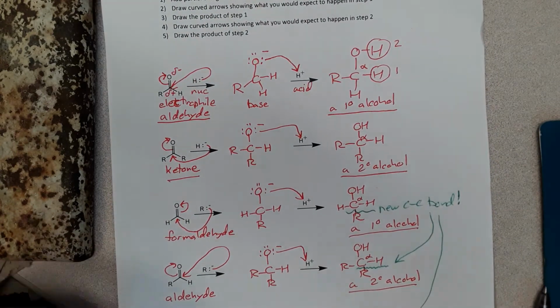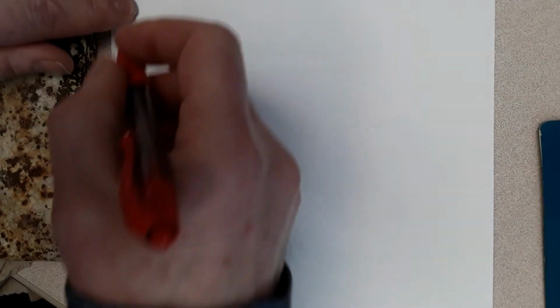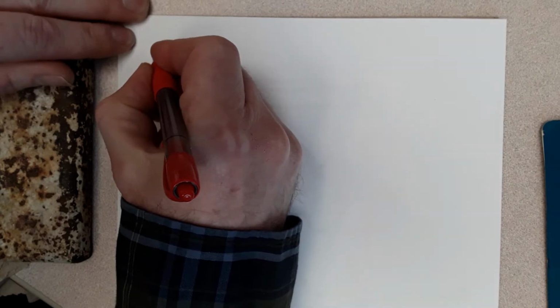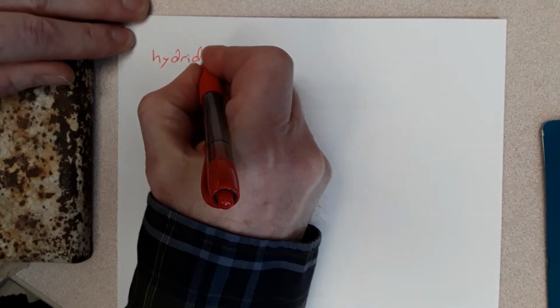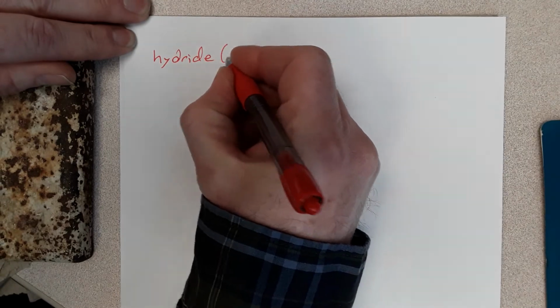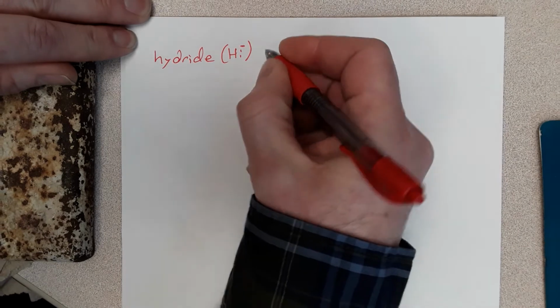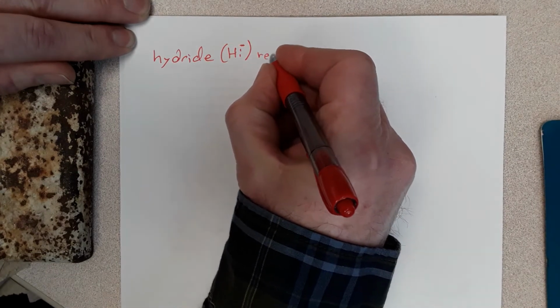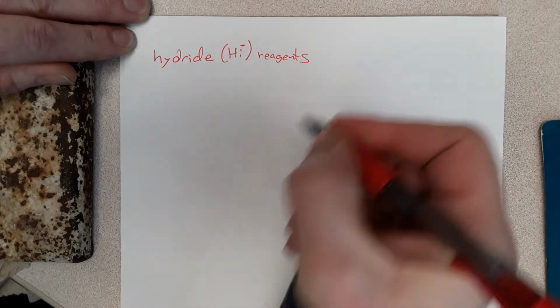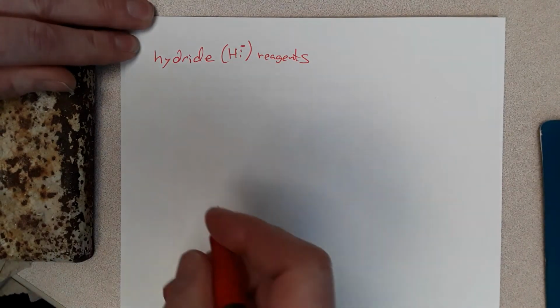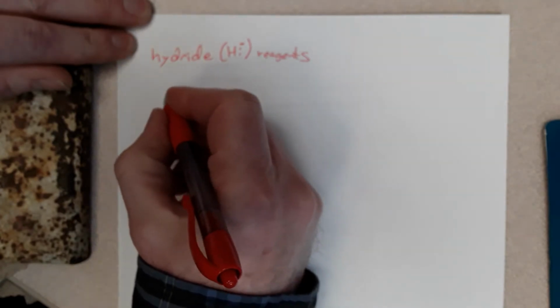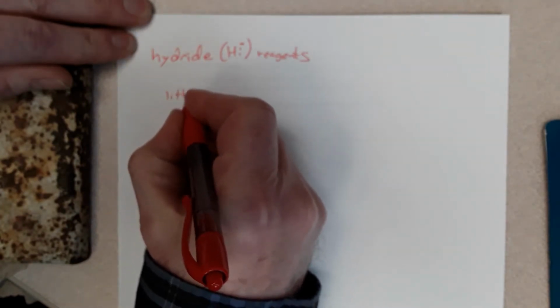Let's grab another sheet of paper here and talk about the hydride reagent. There are two different types of hydride reagents, and they each produce a hydrogen with 2 electrons on it and a negative charge. The first one of these is called lithium aluminum hydride.